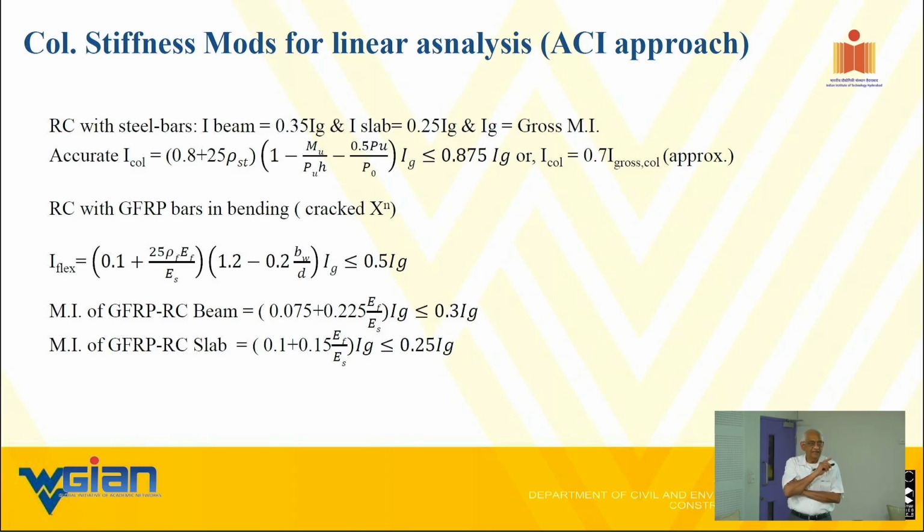Unlike in your bending, we have some kind of a pseudo pre-stress effect due to column compression. That's why it's a little bit higher. So this is, again, the egg or the chicken type issue we talked about yesterday. These are the numbers we are going to start with for your linear analysis due to column frame drift.